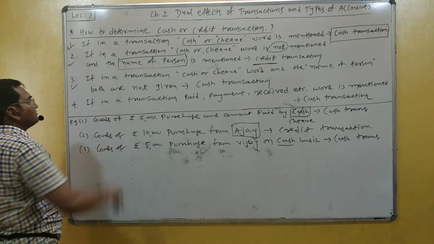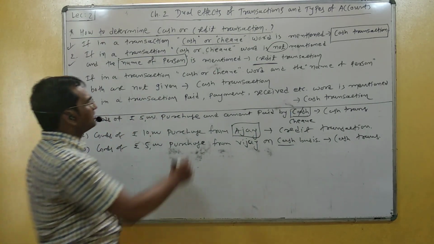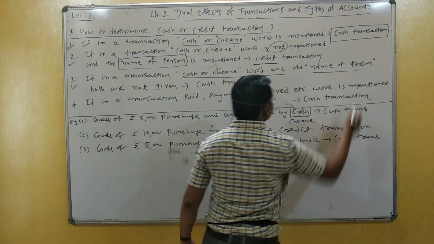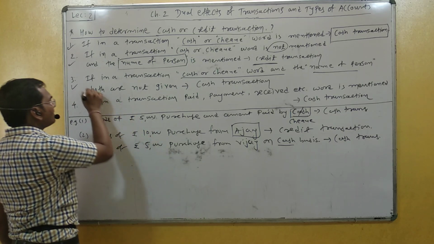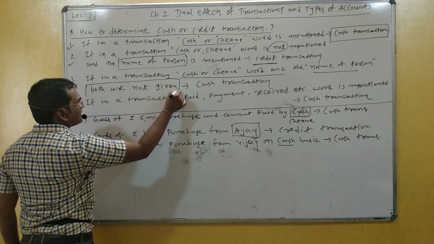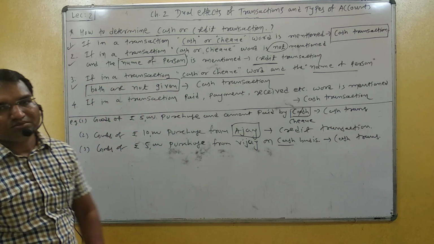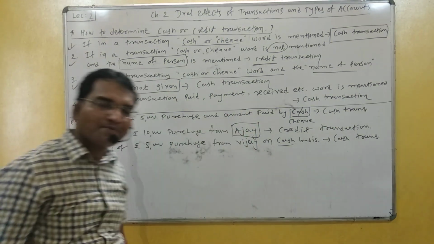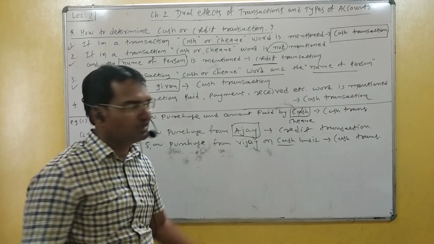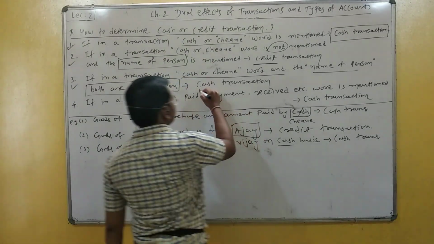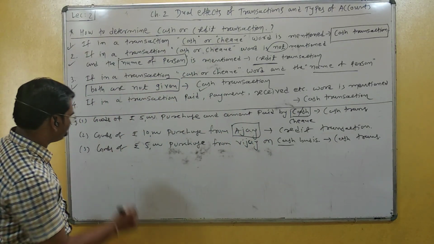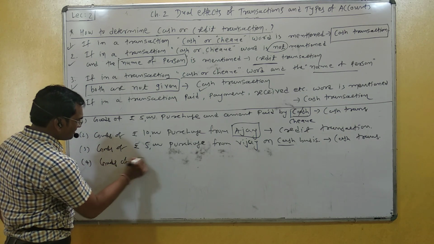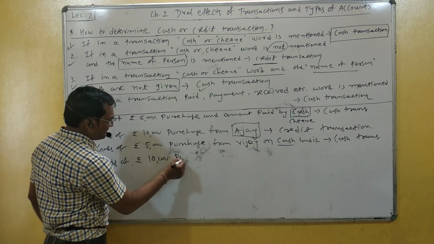Third rule: if in a transaction the cash or check word and the name of a person are both not given, in that case it is treated as a cash transaction. Let us take an example. Goods of rupees 10,000 purchased.